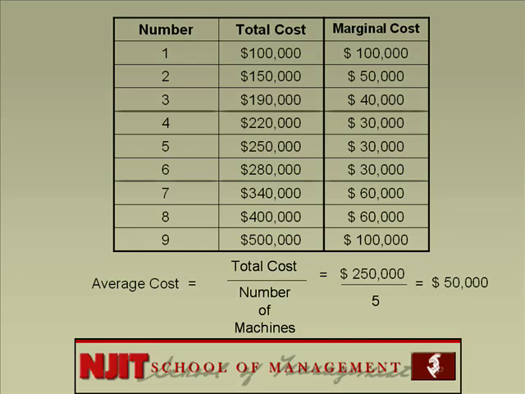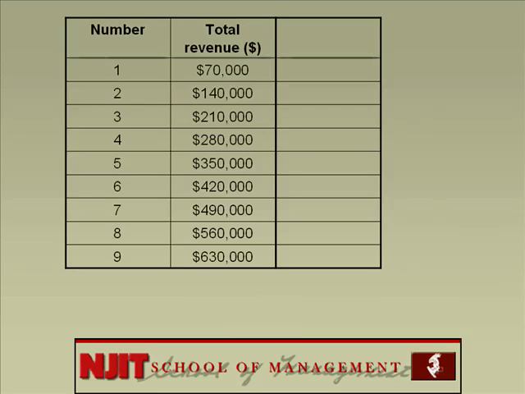Let's put in a diagram for marginal revenue, then marginal cost. We know the total revenue. It's $70,000 a machine. So if it's 1, the revenue is 70. 2, at 70,000 each, 140. 3, 70,000 each, 210. 4, 70,000 each, 280, and so on.